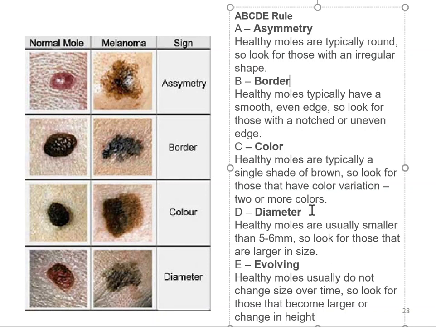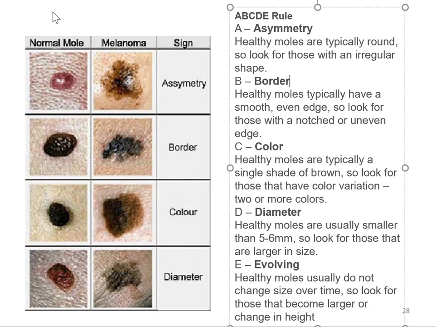So for example, on an exam, if you're given a question like, some mole is symmetrical, it has a smooth border, it has just one color, but it's really big, like 10 millimeters, and it hasn't changed much over time, so it hasn't really evolved much.